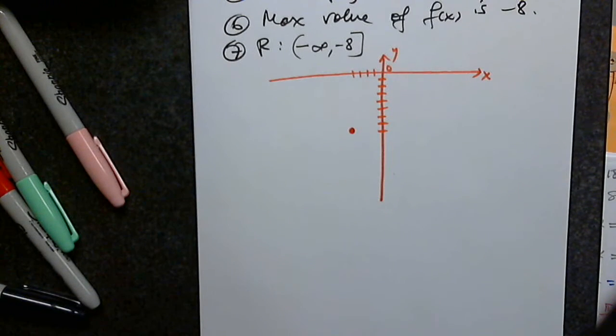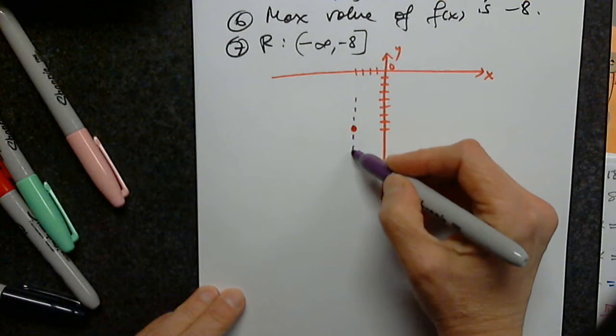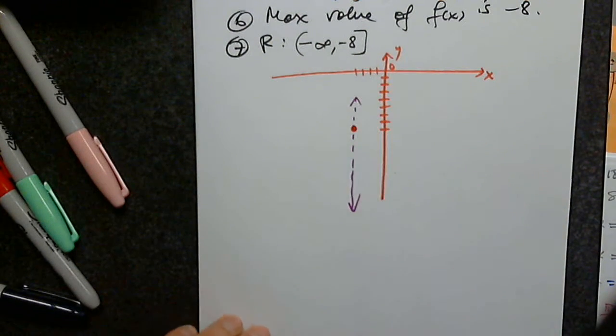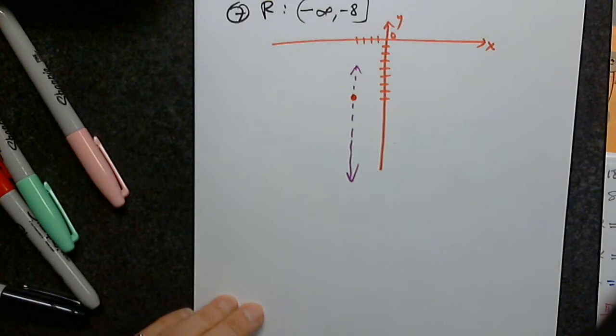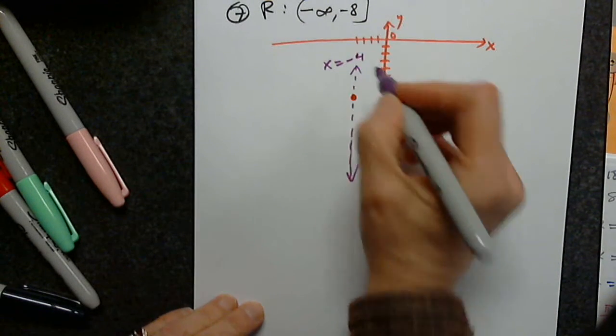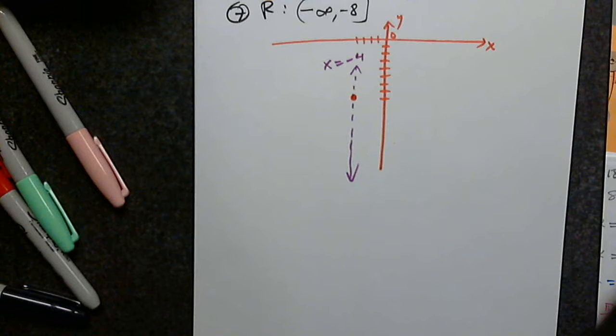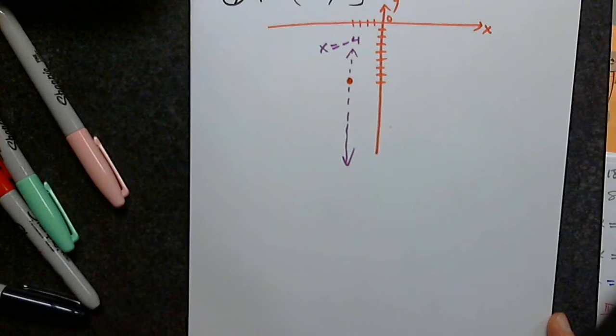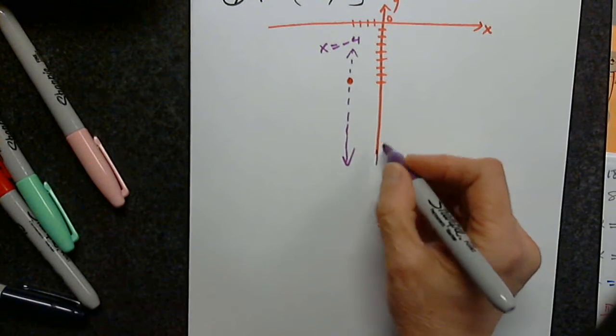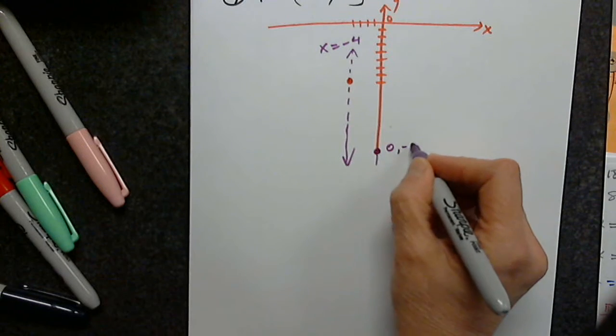Then I draw the axis of symmetry. It's not a solid line. It will only help me keep the graph in shape. So this is x equals negative 4, as you told me. And I have the y-intercept, 0, negative 40.